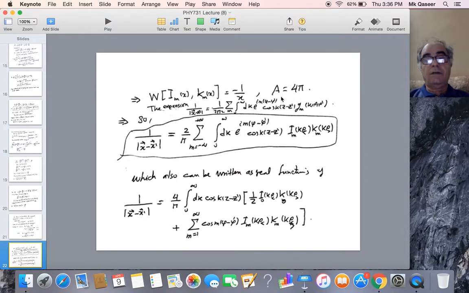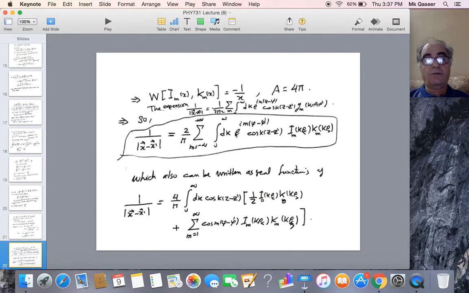Now, insert this constant in the Green's function, which is 1 over |x minus x prime|. The expansion of this leads to 2 over pi, 1 over pi squared, summation, integration dk, such times such functions, g sub m of k rho prime. Now this is the final expression, with k rho lesser and k rho greater.